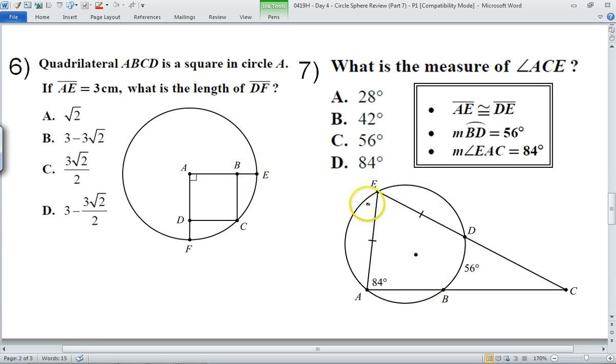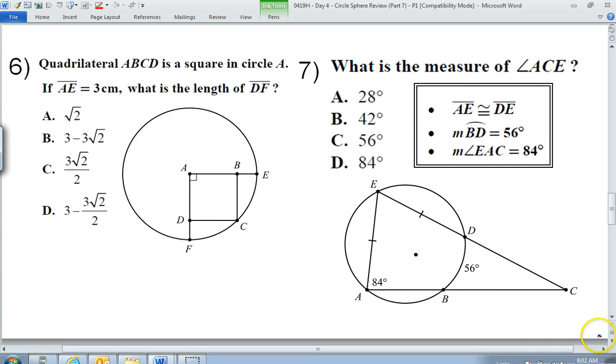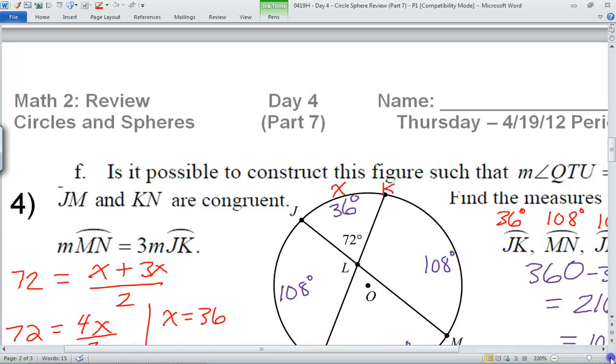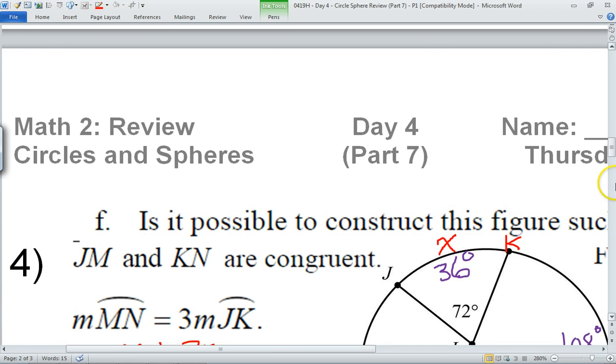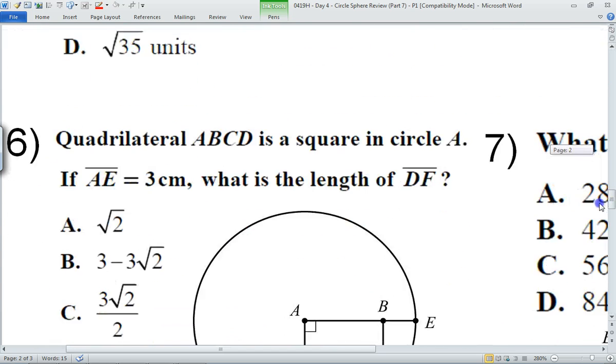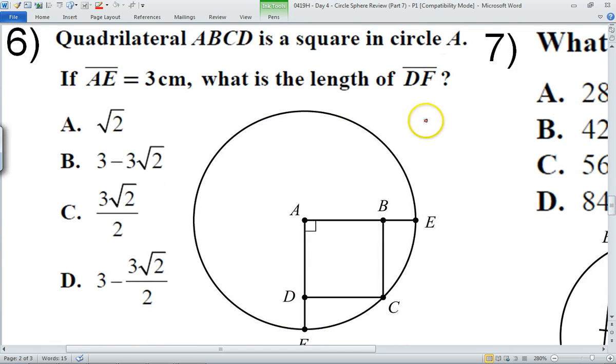All right, let's knock out these other two. So looking at number 6. We're told that this is a square. AE is 3. All right, let me make this bigger. All right, watch this, you guys.